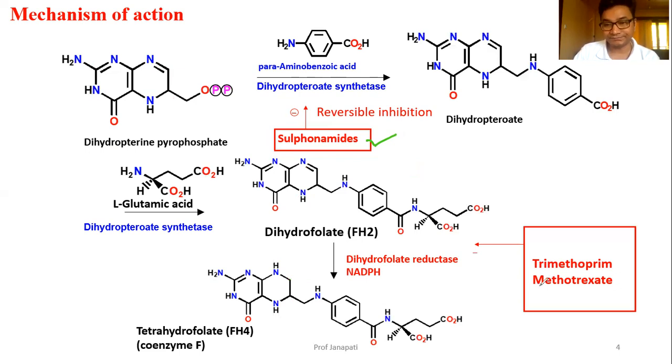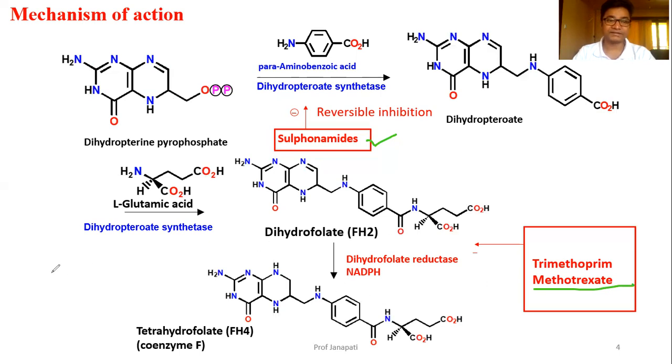Now our drug, methotrexate, is blocking dihydrofolate reductase. One more drug you see, trimethoprim, a component of cotrimoxazole. Cotrimoxazole consists of trimethoprim and sulfamethoxazole. That also blocks here.